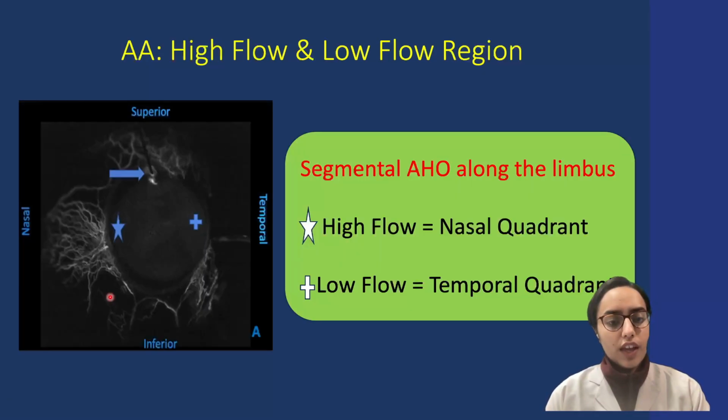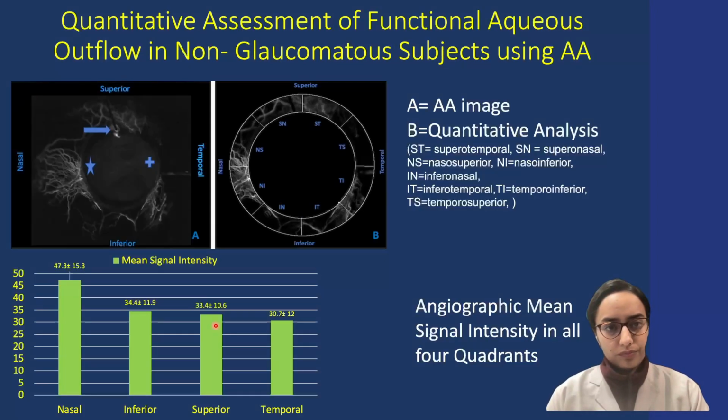Aqueous angiography has enabled us to identify the regions with increased angiographic signals, denotive of a high flow region, and regions of decreased angiographic signals, denotive of a low flow region. In this photograph, the nasal quadrant is the high flow region and the temporal quadrant is the low flow region.